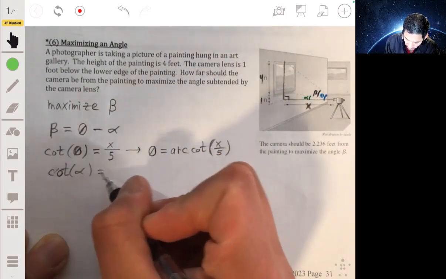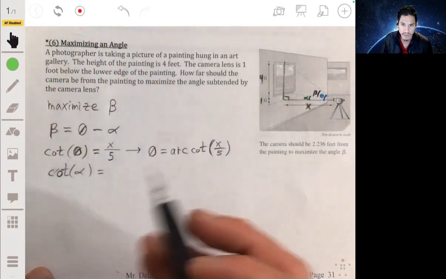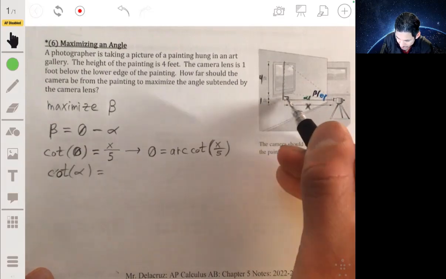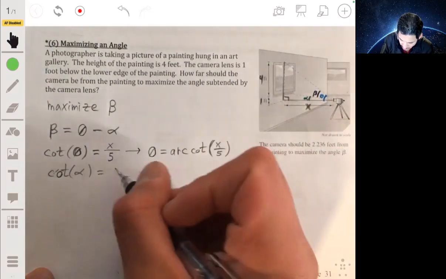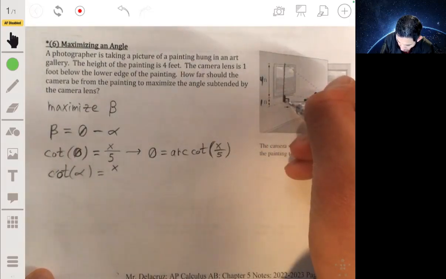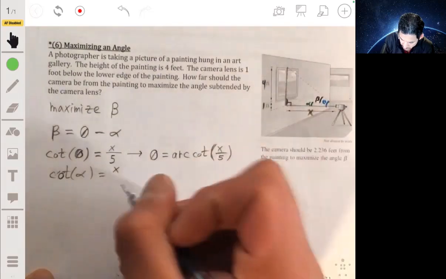So the cotangent of alpha, adjacent side over the opposite side of alpha. So for this green angle alpha, the adjacent side will just be the X again. And the opposite side is just a small part of this whole entire side, which is just the one part. It'll just be X over 1.